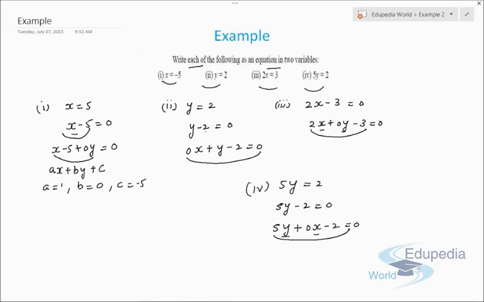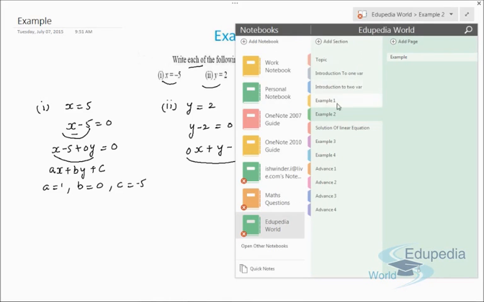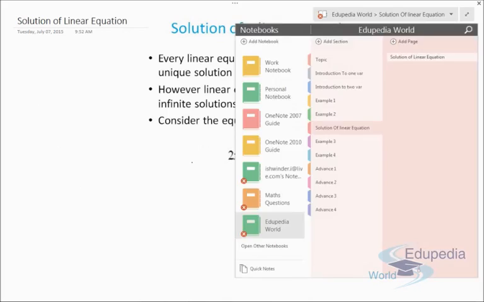So this is how we can use the equation of the form ax plus by plus c equals to 0 to represent the equation in two variables, or convert an equation in one variable into two variables. So let's discuss the next topic, that is how to solve linear equations.